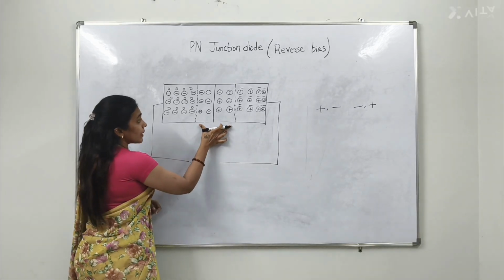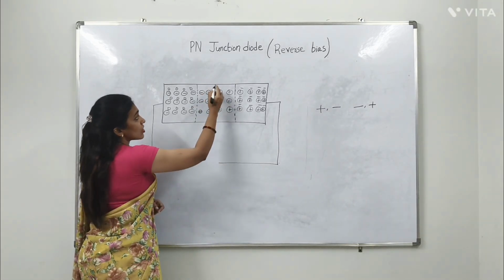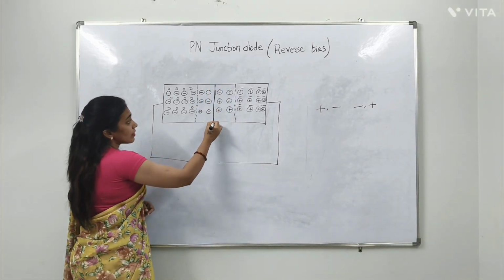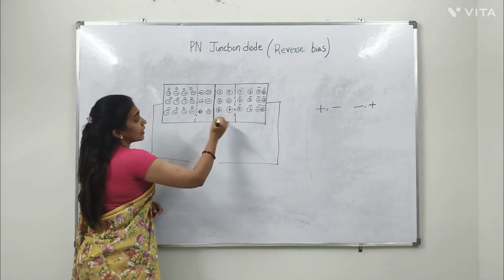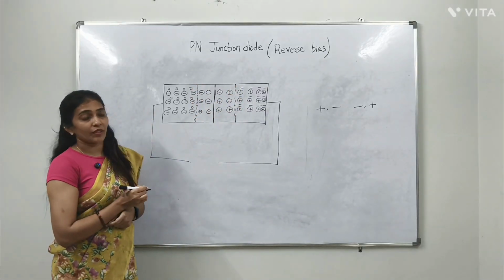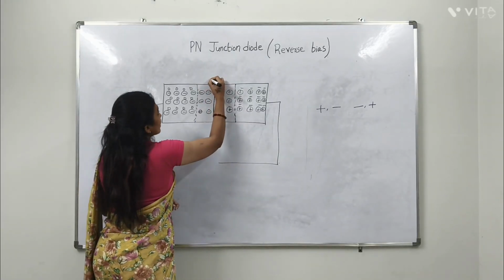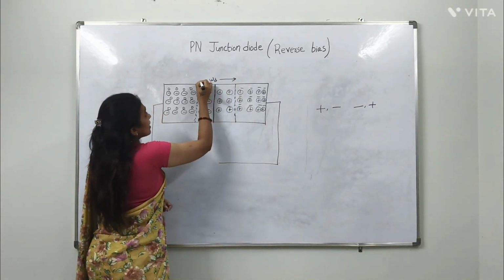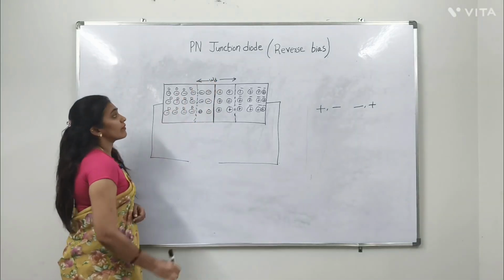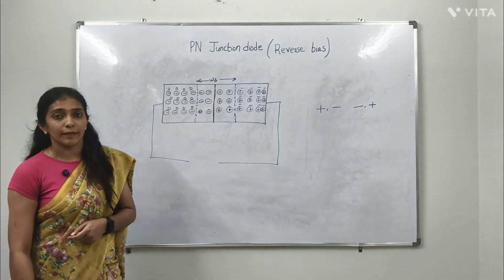So this is the depletion layer around the junction. This is the junction, and up to here is the depletion layer. The total width of this depletion layer is indicated with W suffix D.